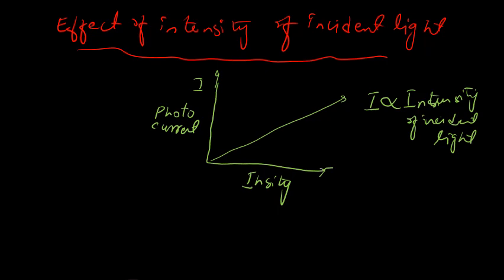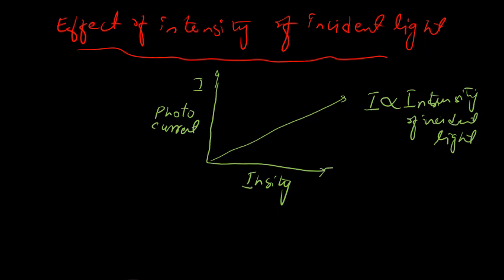This experiment was repeated with different intensities of incident light. Whenever we increase the incident light intensity, that is, when we use light of larger intensity, the photocurrent also increases. The photocurrent shown by the microammeter shows a larger maximum reading when we increase the intensity of incident light. So this experiment was repeated with different known intensities of incident light.